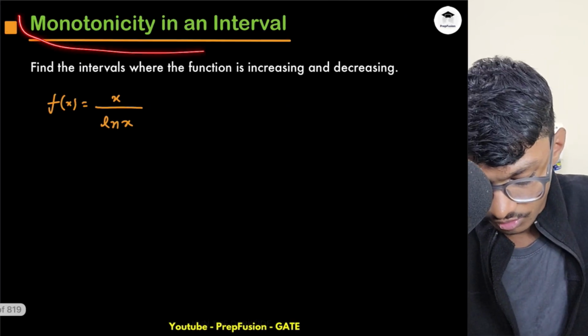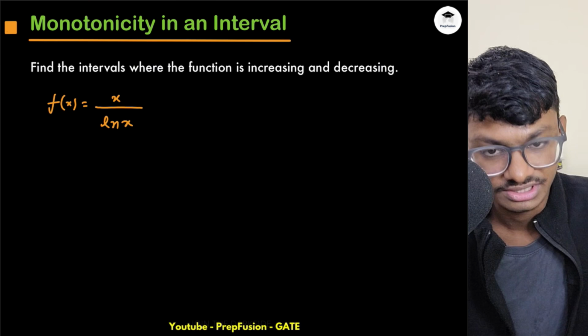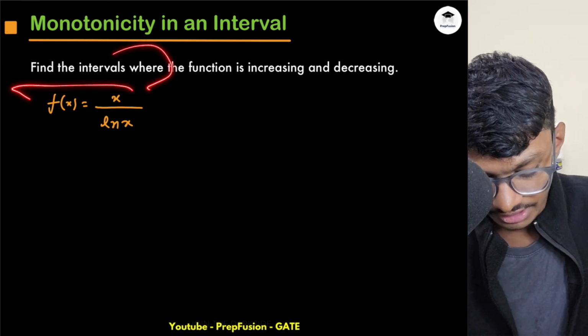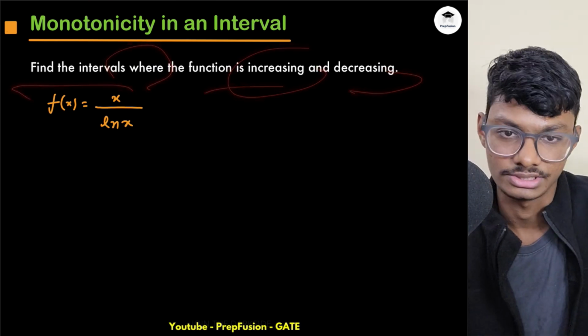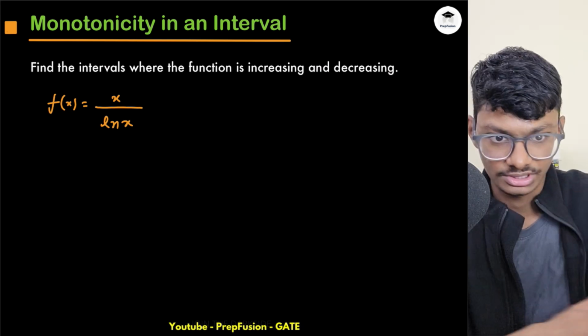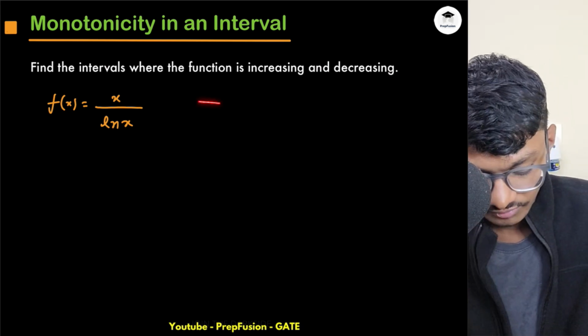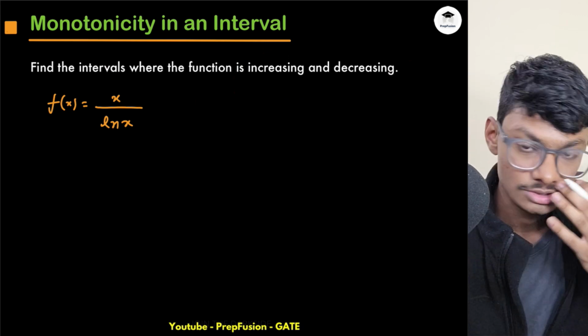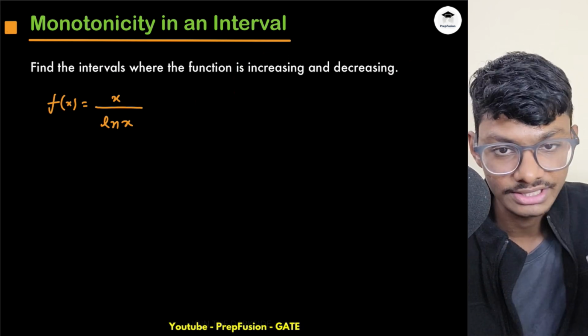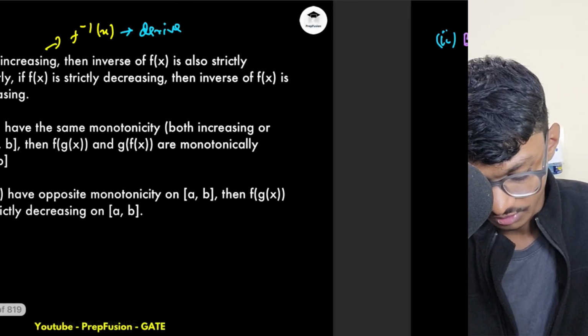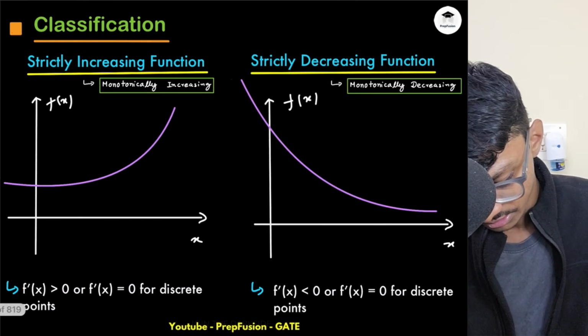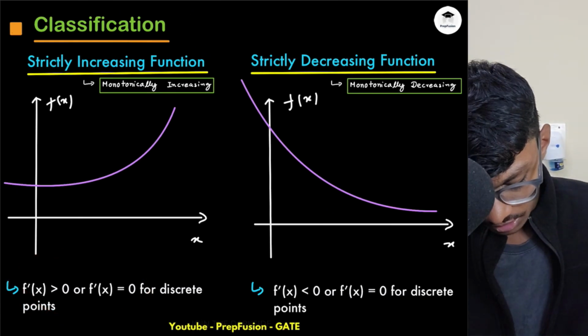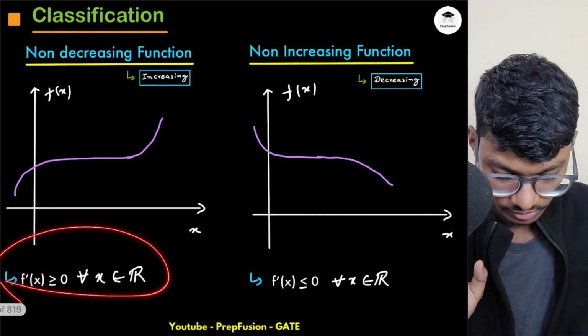Now, what is monotonicity in an interval? We have to find the intervals where the function is increasing or decreasing. So where will the function increase? The function will increase where my slope is positive. I just found this out, I did the classifications, so I will only talk about this here.